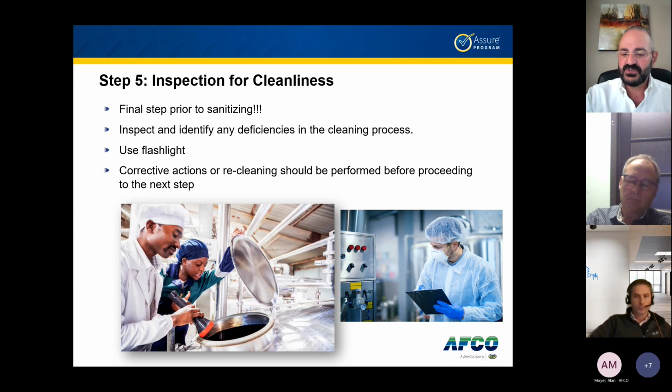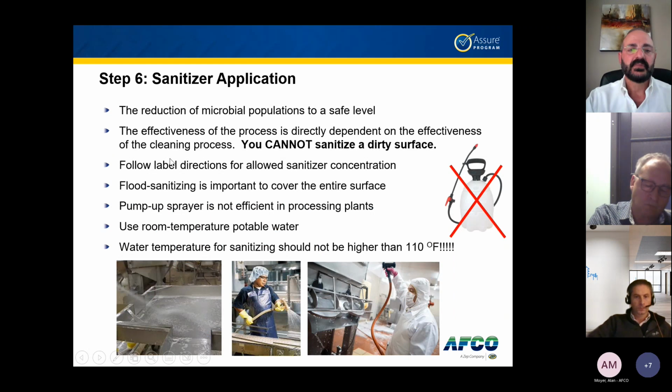If we find some food residues on the surface, we need to reapply the soap, scrub, and clean the surface, and then do the sanitizing, which is the reduction of microbial population to a safe level. Remember those stubborn microorganisms, we are going to spray the sanitizer on them and remove them from the surface.